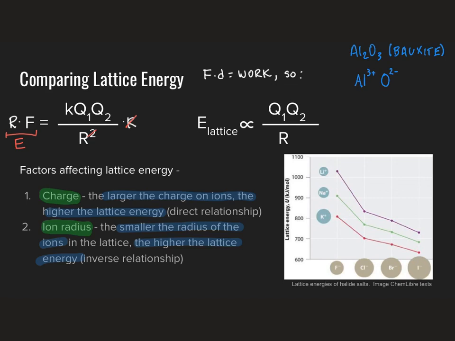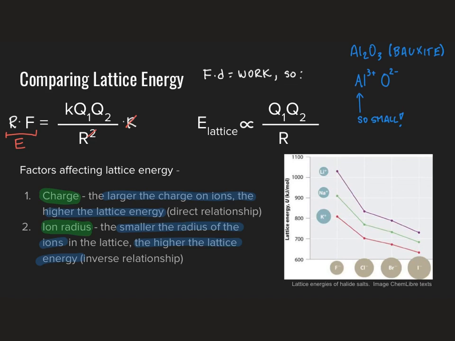The second thing to consider is that the aluminum ion in particular, with its +3 charge, is a very, very, very small ion. Remember, the cations on the periodic table tend to have smaller radii than the native elements they're formed from. So the combination of both the large charges on those two ions and the small size of that aluminum ion means the lattice energy of aluminum oxide is incredibly large.